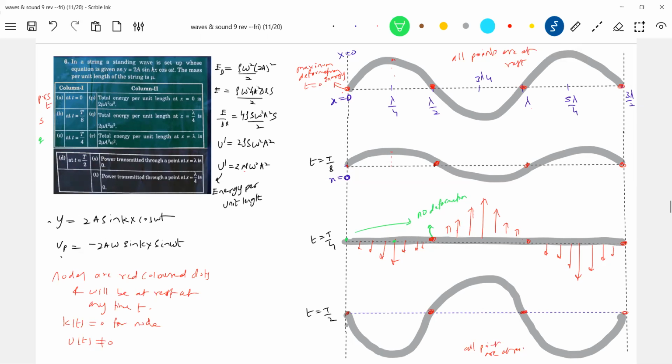Q. Power transmitted through a point at x equal to lambda is, I think, must be 0, no? It's a node, so no doubt S will be there. What about T? 0.